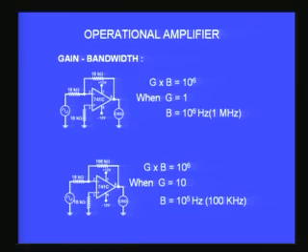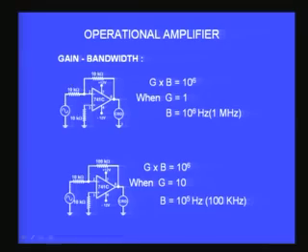Now I want to show you a demonstration with 2 circuits having 2 different gains, and we will try to find out how the bandwidth is changing when I increase the gain. That is what I wanted to show you. So for example, the first circuit has got 10K and 10K. These are all inverting amplifiers, as you can quickly recognize.